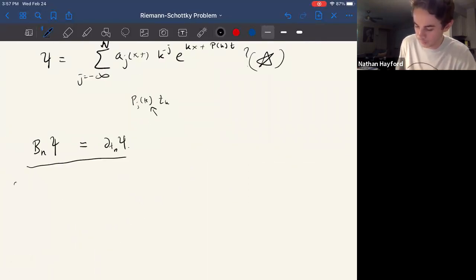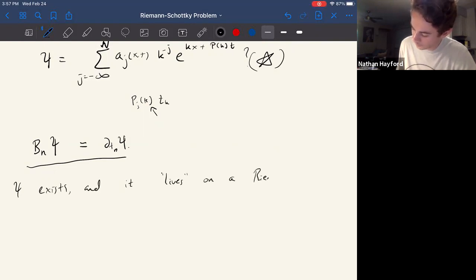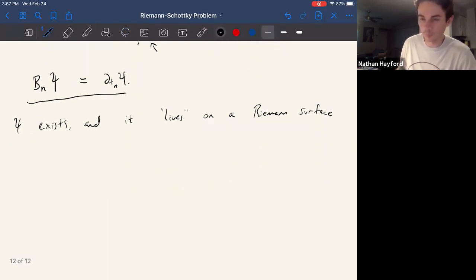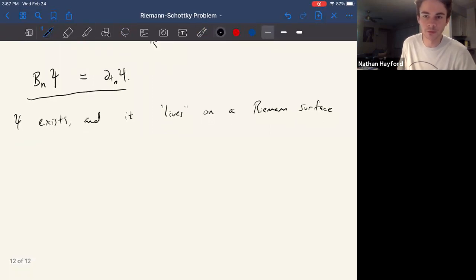So psi lives on a Riemann surface, meaning that this variable k that I've written is actually a local parameter on some particular Riemann surface. So I'll write down the technical lemma due to Krichever that essentially allows us to do all computations afterwards.